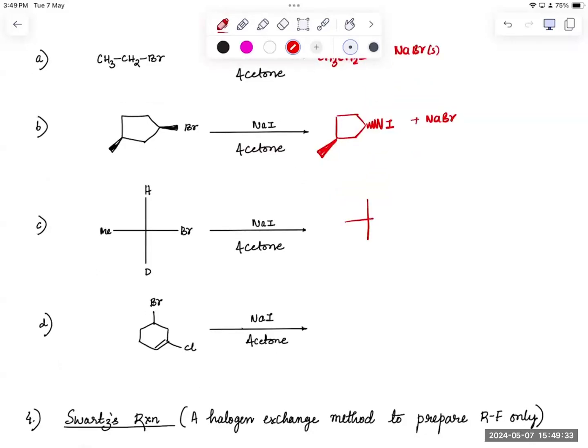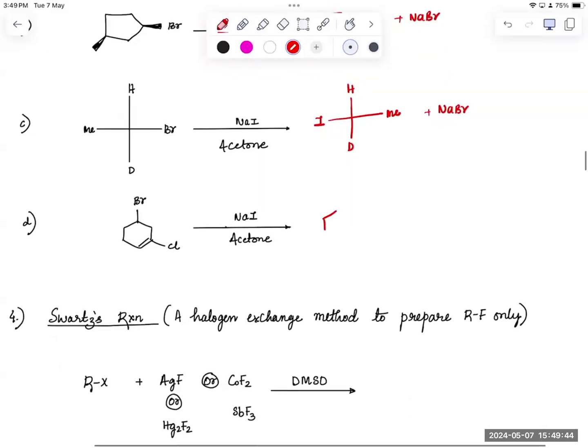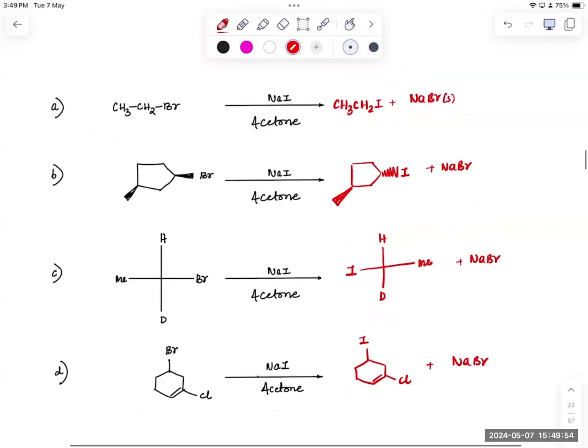Similarly, here you need to do Walden's inversion. I will come here, methyl will be here, H and D plus NaBr. Lastly, again I will be replaced here, chlorine will remain the same plus NaBr. So these are all Finkelstein reactions.